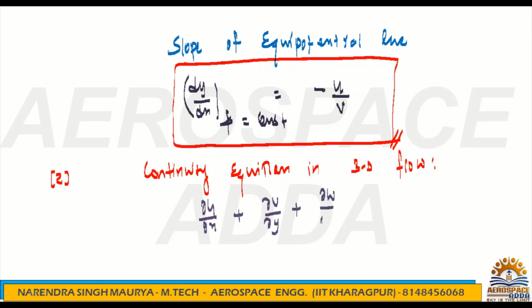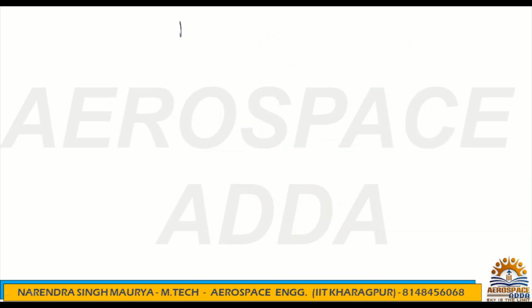And for incompressible flow, the continuity equation is ∂u/∂x + ∂v/∂y + ∂w/∂z equal to 0. Okay, now the same for 2D also you can write. For 2D it will be ∂u/∂x + ∂v/∂y equal to 0.